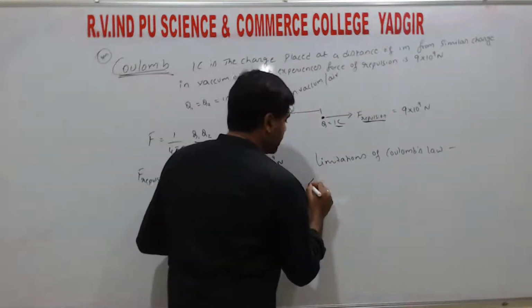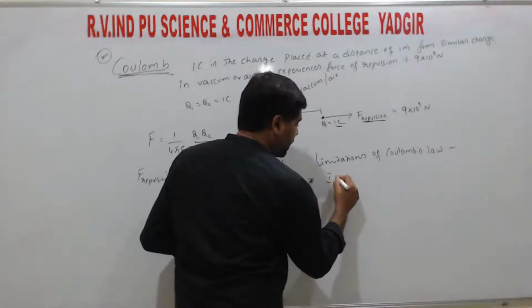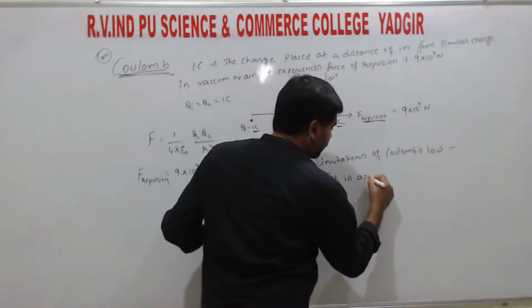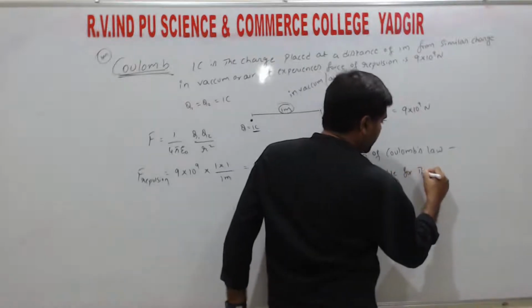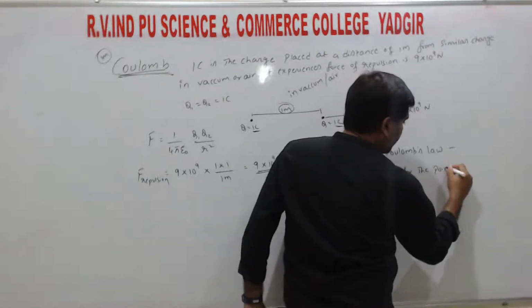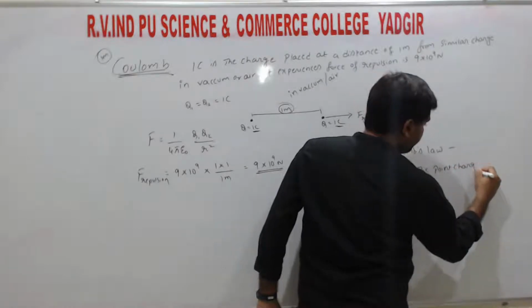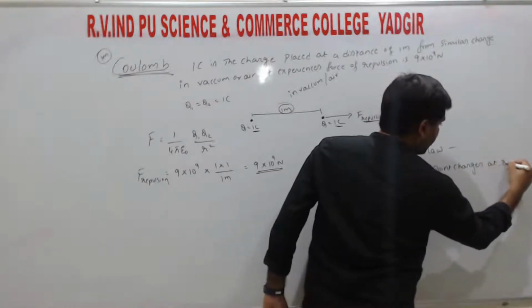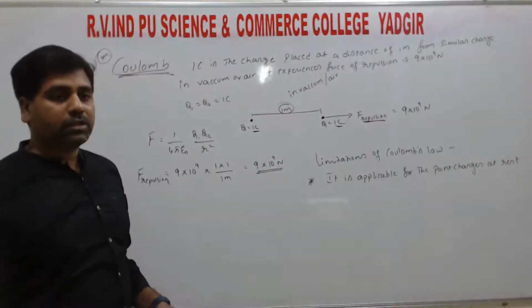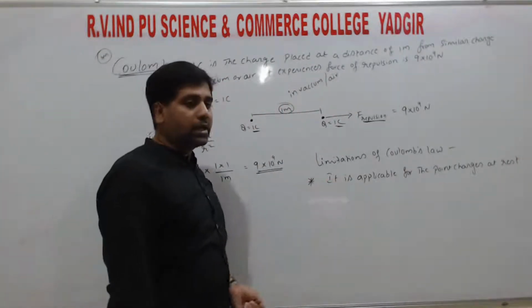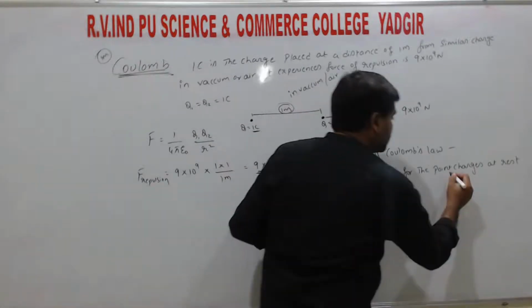The first limitation is that Coulomb's law is applicable for point charges at rest. It is only applicable for point charges when those are at rest. So what is a point charge?